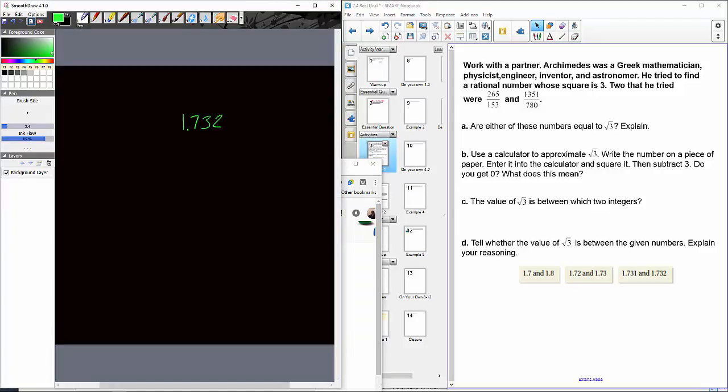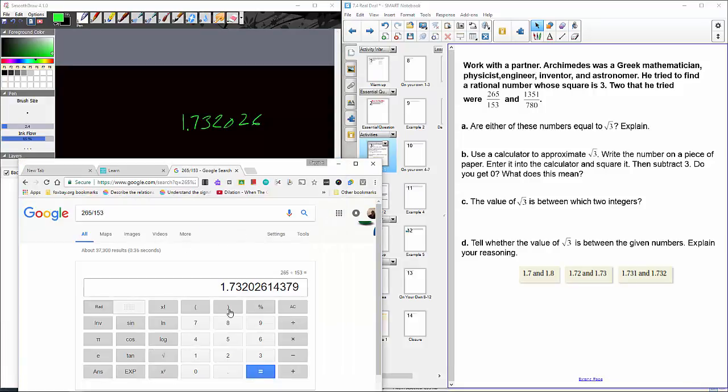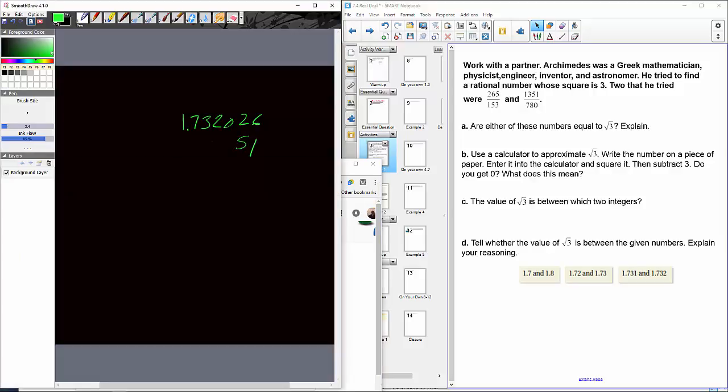And the other one is going to be 1351 divided by 780. And for this one, it looks like a very similar number, doesn't it? 1.732051. So this is a 5-1 at the end. So let's put 5-1. Everything else is the same.